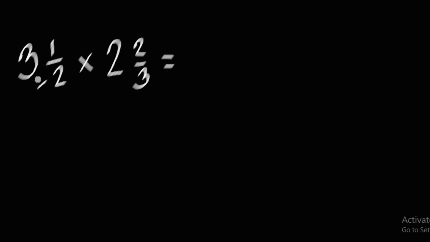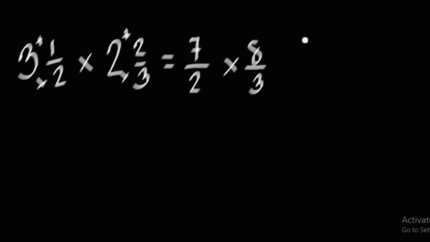We have 2 times 3 equals 6 plus 1 equals 7. 7 will be our numerator to our first fraction over 2, times 3 times 2 equals 6 plus 2 equals 8. 8 would be our numerator to our second fraction over 3. We have 7 times 8 equals 56 over 6.